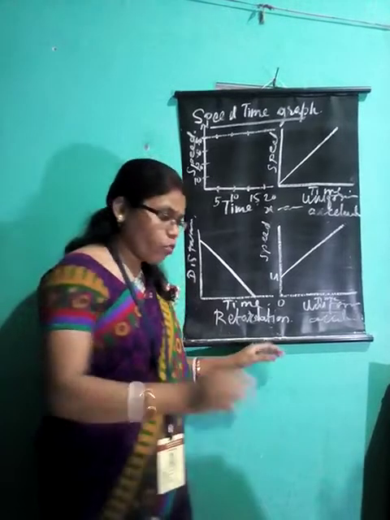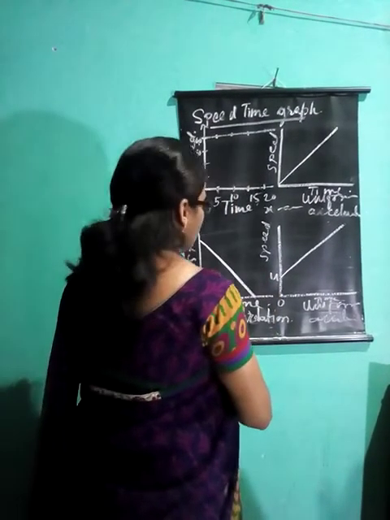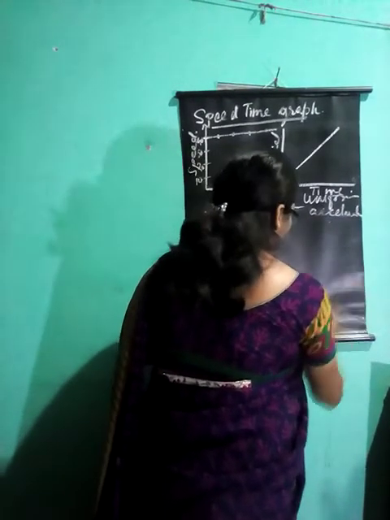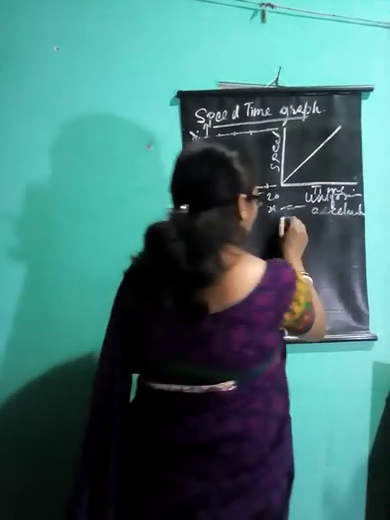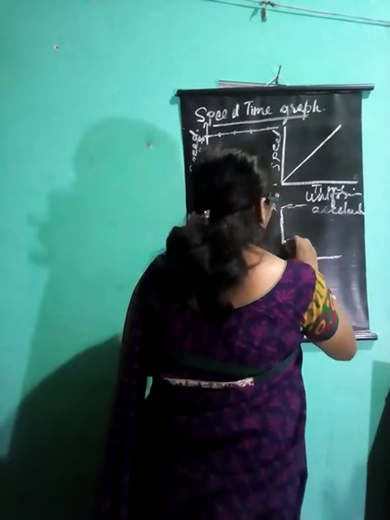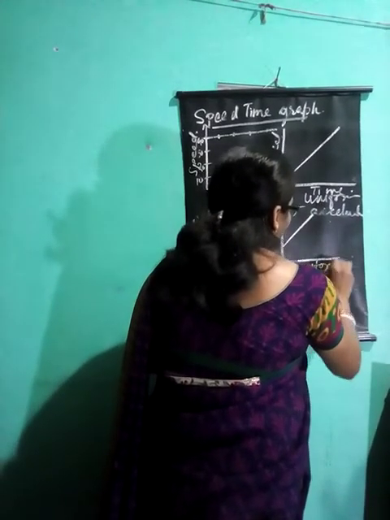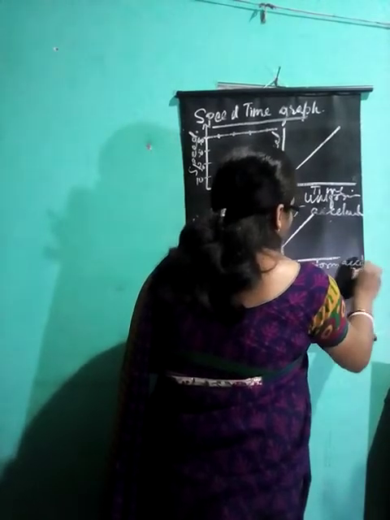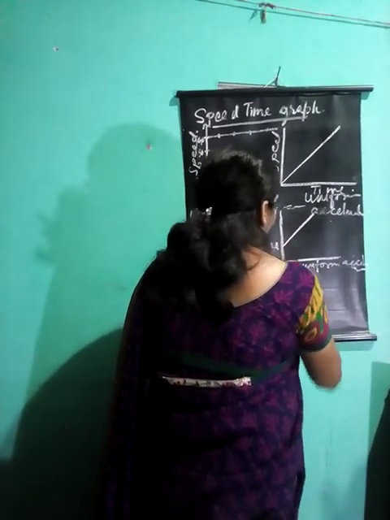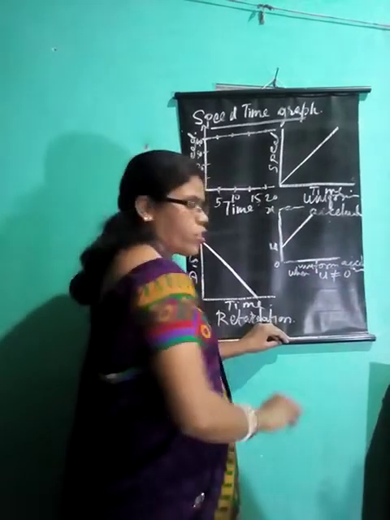Now for non-uniform acceleration, okay, I'll draw these two graphs smaller so that we can adjust here only. See, this graph is in this manner. Uniform acceleration when the initial velocity is u, it is not 0.